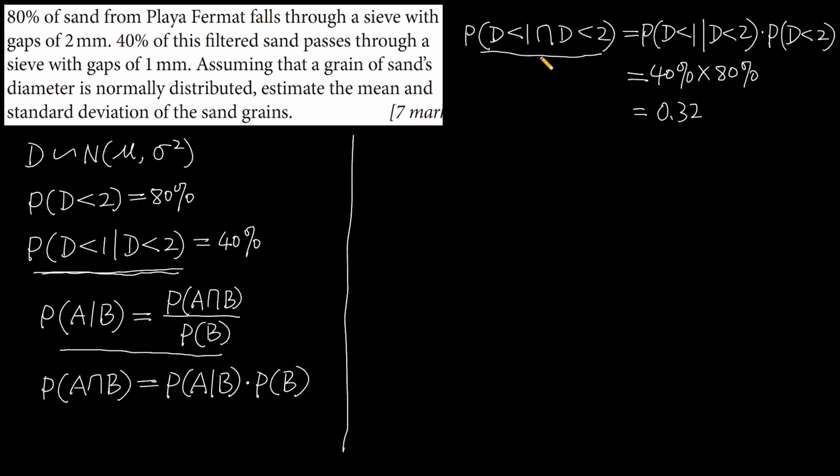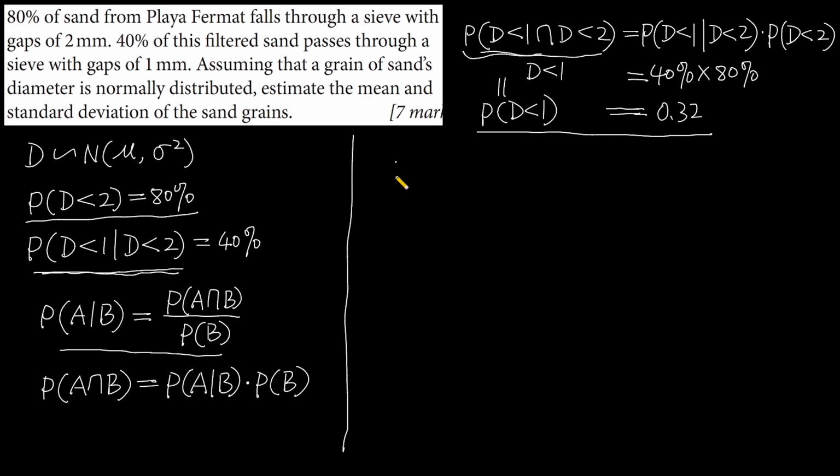So the intersect of them is just D is smaller than 1. So this probability just equals probability D is smaller than 1. So the probability that D is smaller than 1 just equals 0.32.